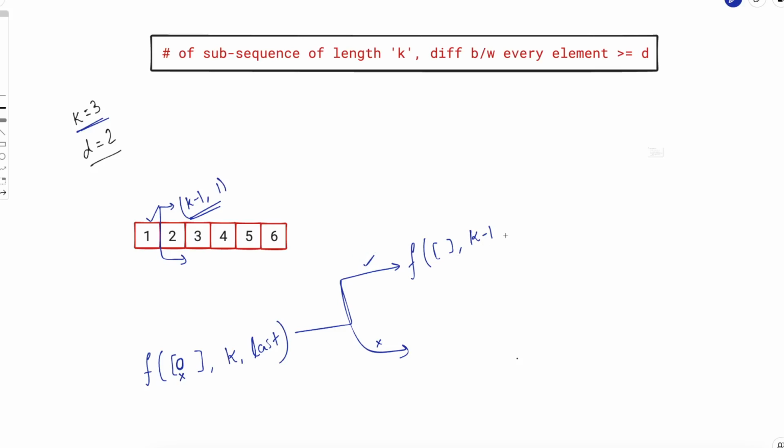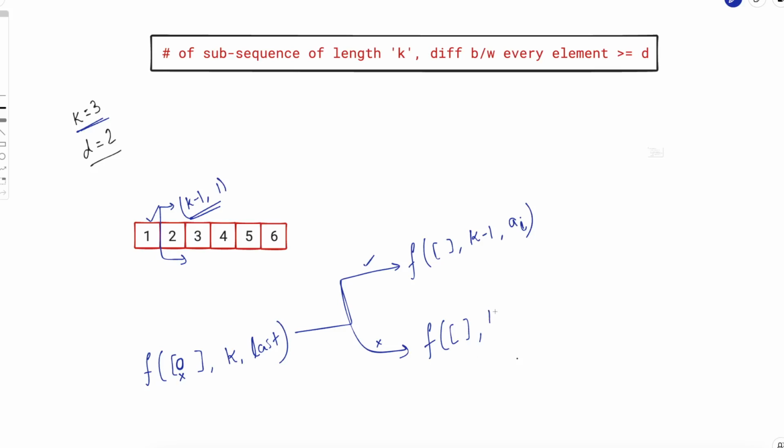And the last element you have taken is array of i, the first element of this array. And if you have not taken it, then you will again be left with the remaining array where this element will not be there.